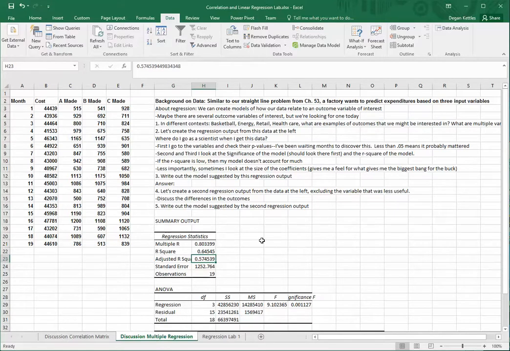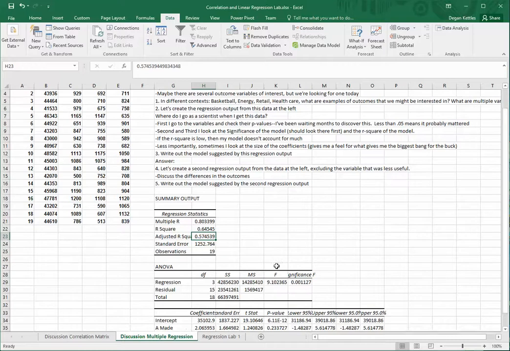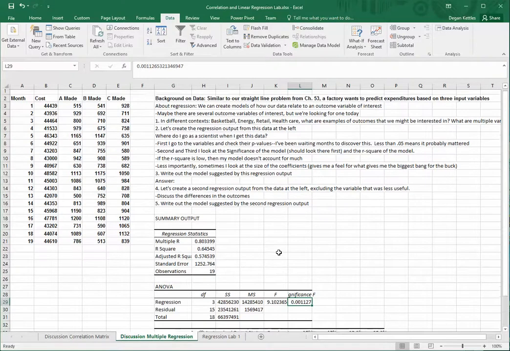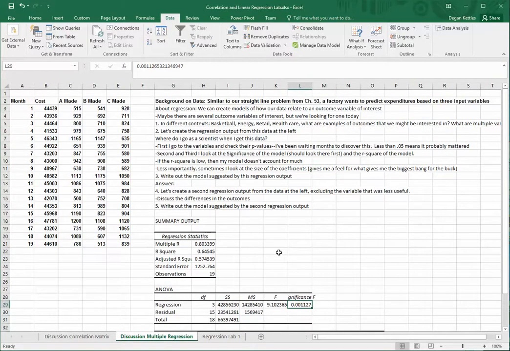The next thing I would look at here is this area where we have this F-test conducted, and really what this is telling us is, from a statistical standpoint, can we say that we're confident that this model is predicting some outcome, that it's not just some garbage chance that our variables are associated with the outcome?